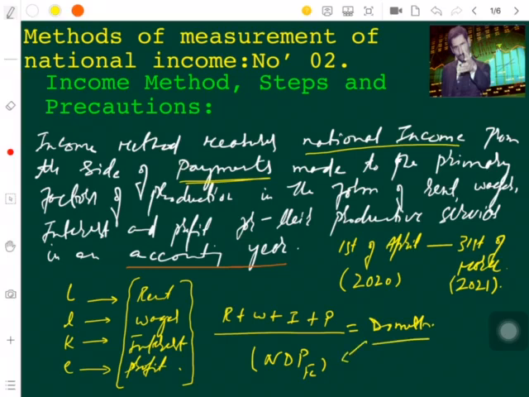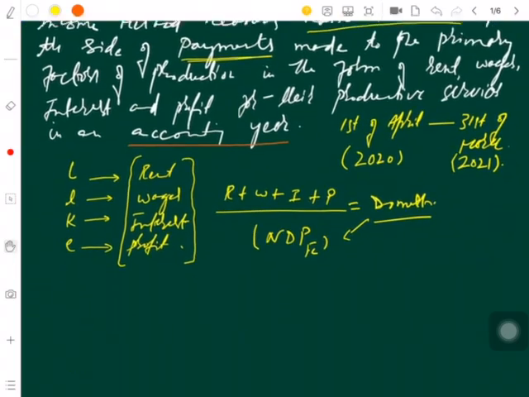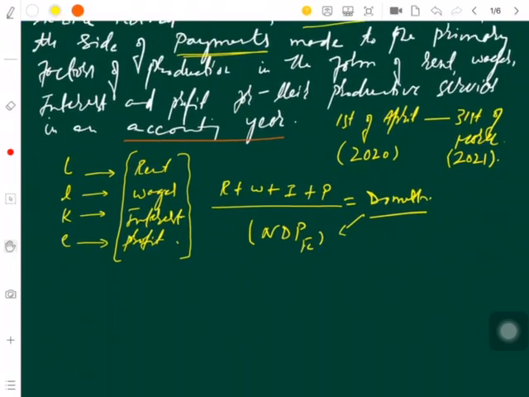We call it NDP, net domestic product at factor cost. This net domestic product at factor cost, which is the summation of all these factor payments, is then added up with NFIA, that is net factor income from abroad.